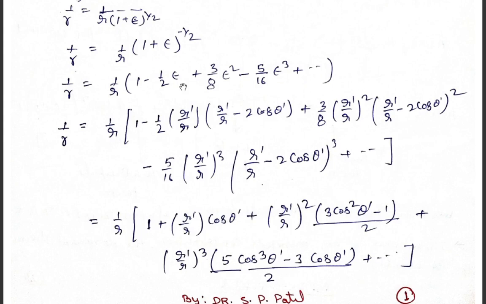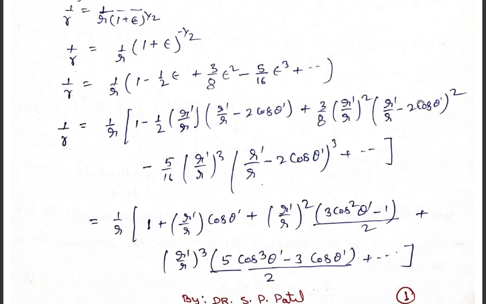Now if you separate the (r prime upon r) square value, if you see here, that is (r prime upon r) square, and 1 by 2. This one value is here. Another value, if you see here, is 3 by 8 (r prime upon r), and if you do this square quantity, you will get 2 cos square theta prime. So this will give r prime upon r, and this 2 will be cancelled out, so we will get some quantity.